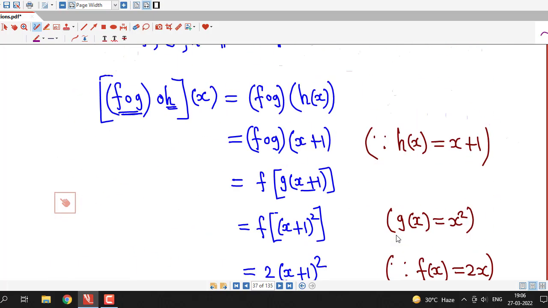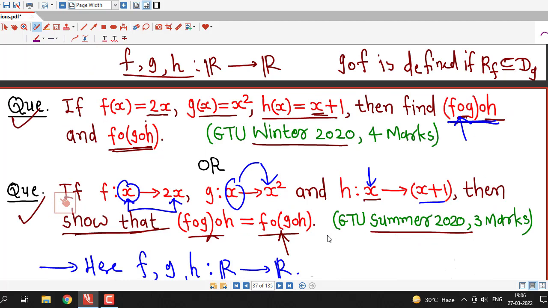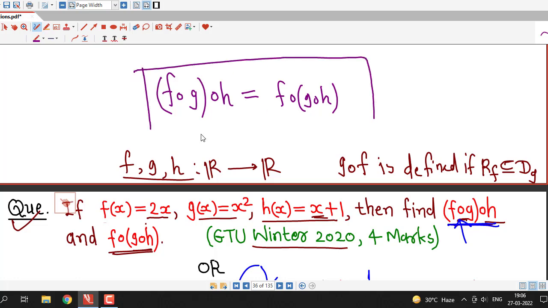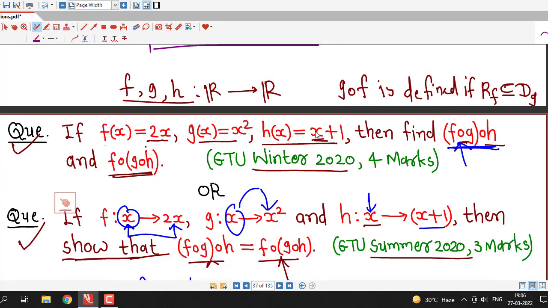And this must be true because composition operation satisfies the associative law. We have discussed in earlier lectures that composition operation is always associative. So if we write in this way or in this way, this is always satisfied for any given functions.